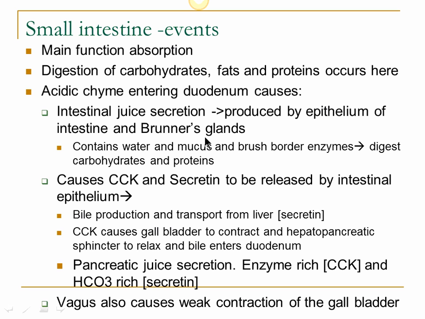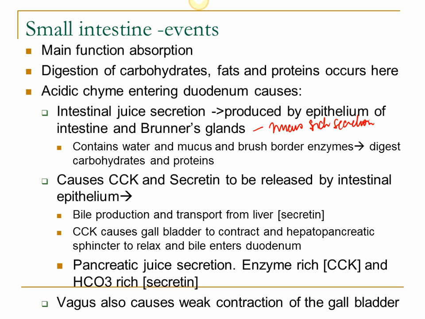And also in the duodenum, you have these submucosal glands called Brunner's glands. So both the epithelium and the Brunner's glands produce a mucus-rich secretion with plenty of water. That helps to neutralize the acid which is coming from the stomach.